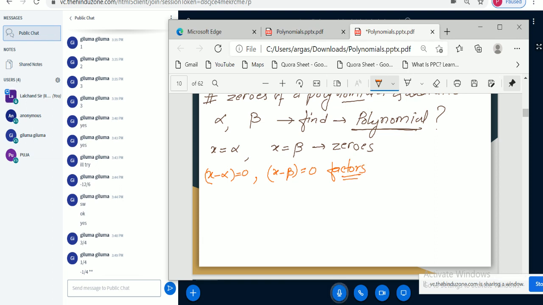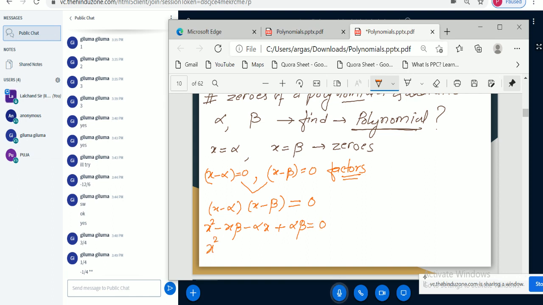If I multiply these two factors, x minus alpha, x minus beta, and simplify, x square minus x beta minus alpha x plus alpha into beta equal to 0.